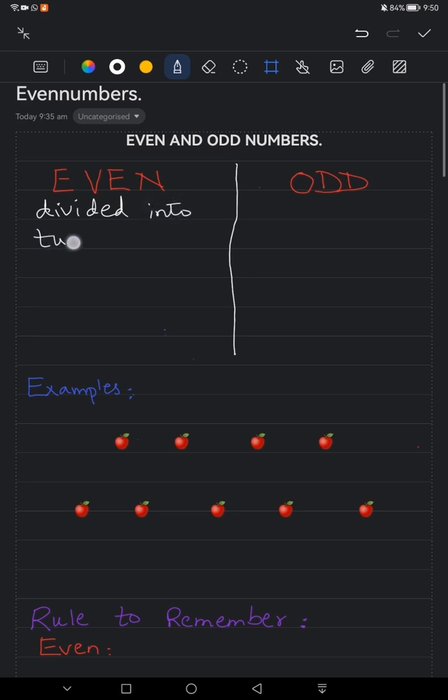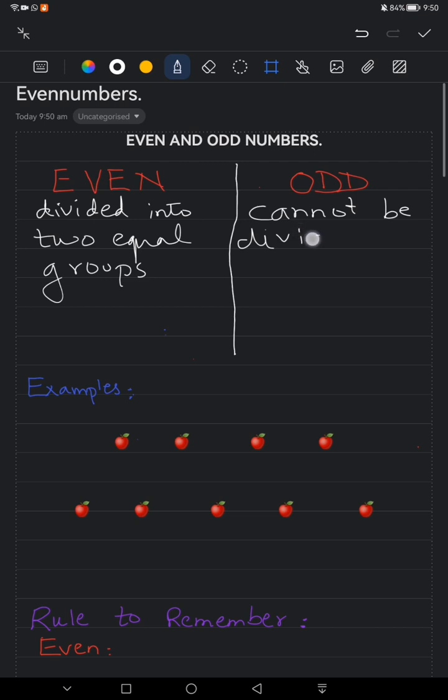Whereas odd numbers cannot be divided into two equal groups. There will always be one left out in odd numbers.